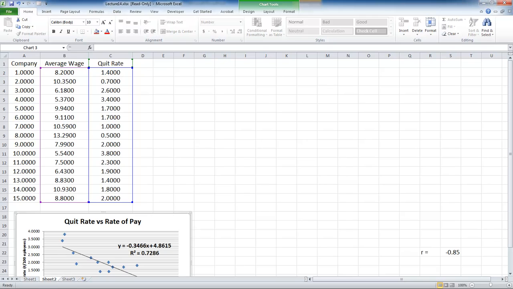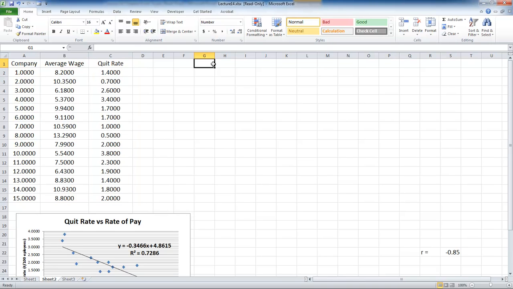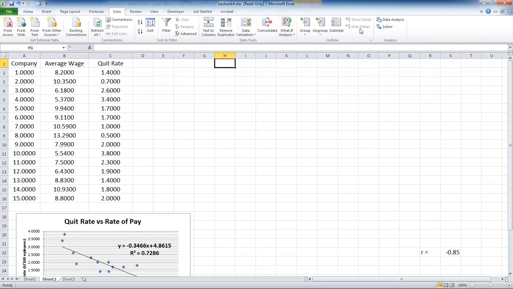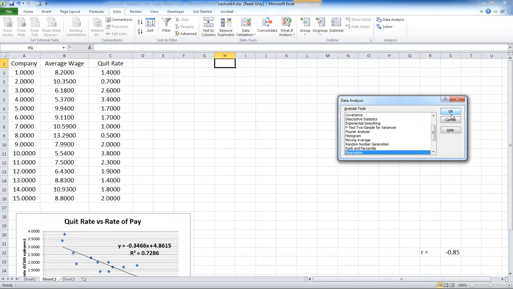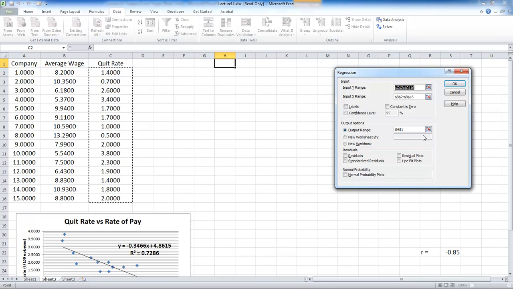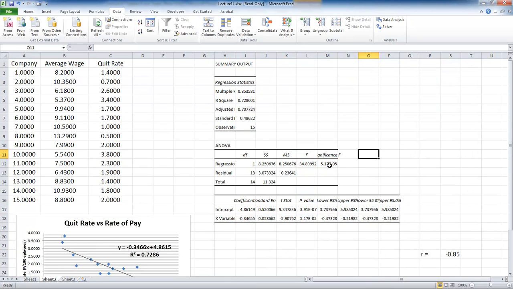And again, I'm going to give you the regression table so you don't have to worry about that. I'm going to give you some columns between the regression table and this because you're going to want to make your predicted values and all that. But I go up to data, and again, you're not going to have to do this. I already have everything selected. I did this problem earlier, so I can just hit OK. And everything's there.